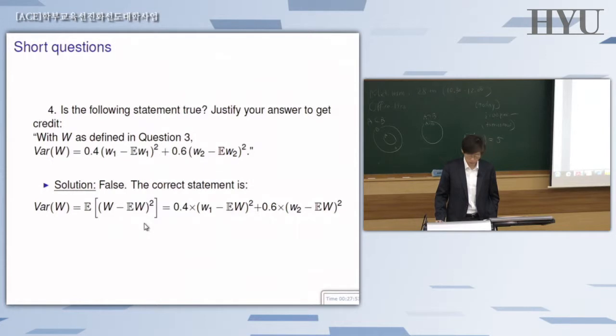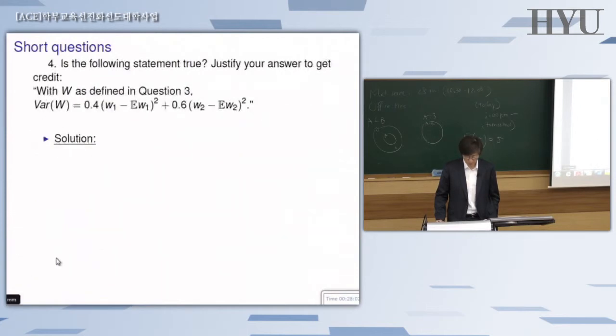One more question like this one, and then we try something different. So number 5. Another false, true, false, uncertain type. It's this one. Same W again, same W as defined in question 3. Now you take the expectation of e to the W, not just the W. Just a function of W, and then you take the expectation.